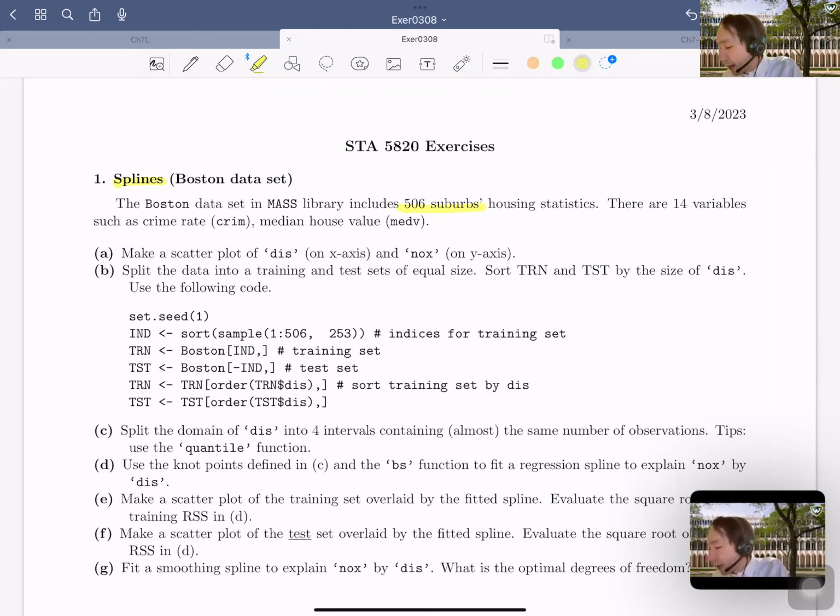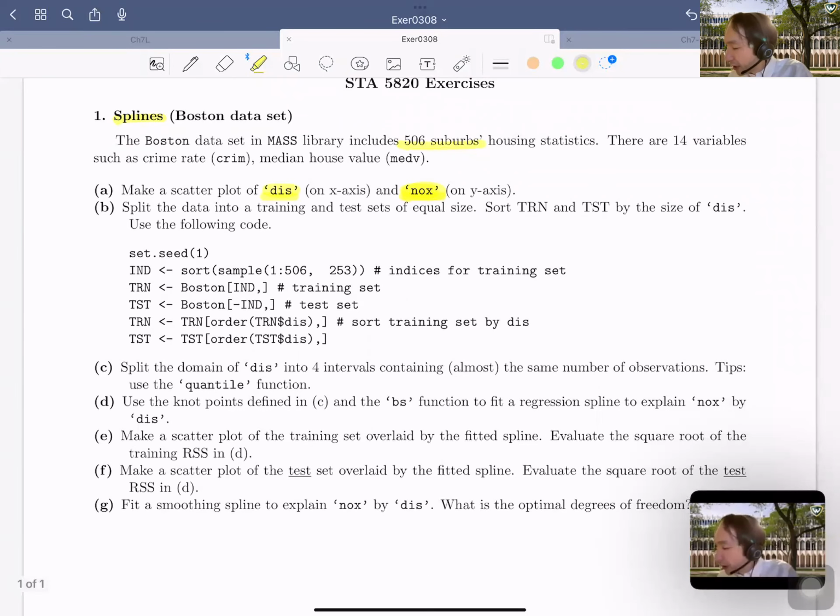Our objective is to explain the NOx level, the environmental contamination variable, by the distance from the city center or industrial center.